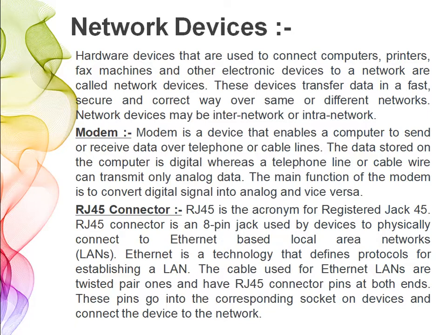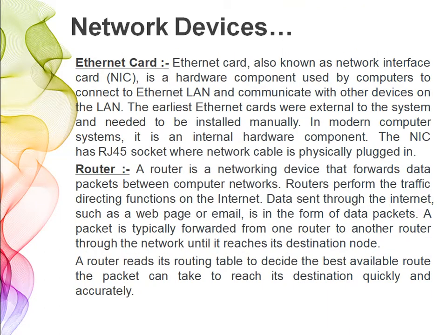The cables used for Ethernet LANs are twisted pair cables that you have already seen in the previous video lesson, and they have RJ45 connector pins at both ends. These pins go into the corresponding socket on the devices and connect the devices to the network.